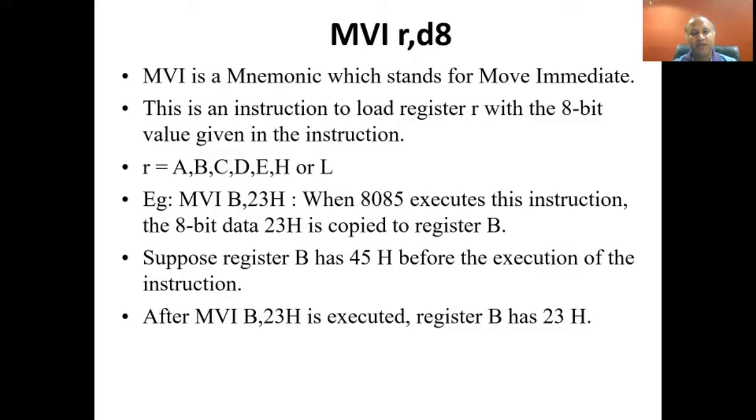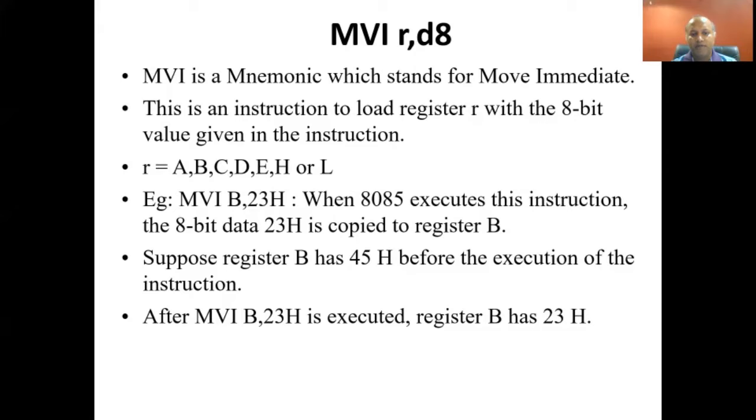Next is MVI R, D8. MVI is a mnemonic which stands for move immediate. This is an instruction to load register R with the 8-bit value given in the instruction, where R refers to registers A, B, C, D, E, H or L. Example, MVI B, 23H.